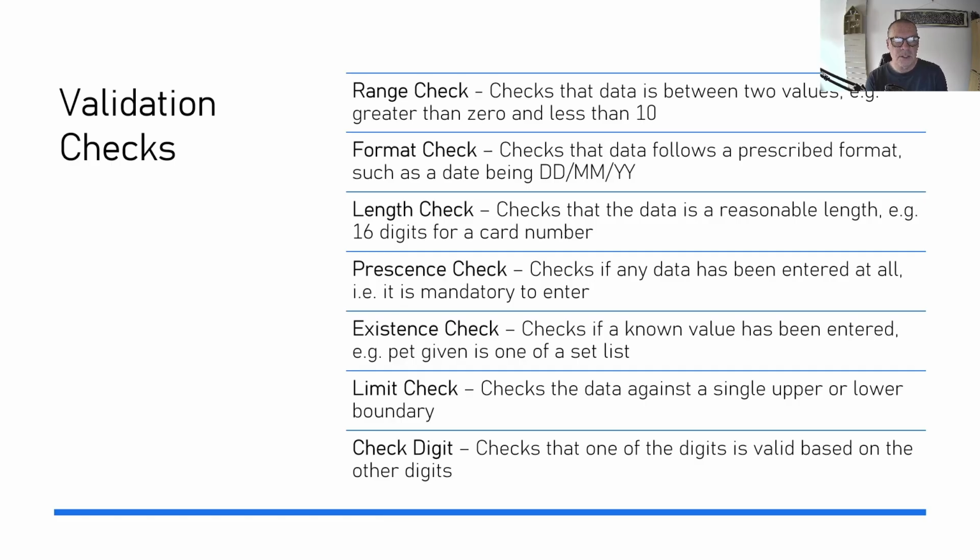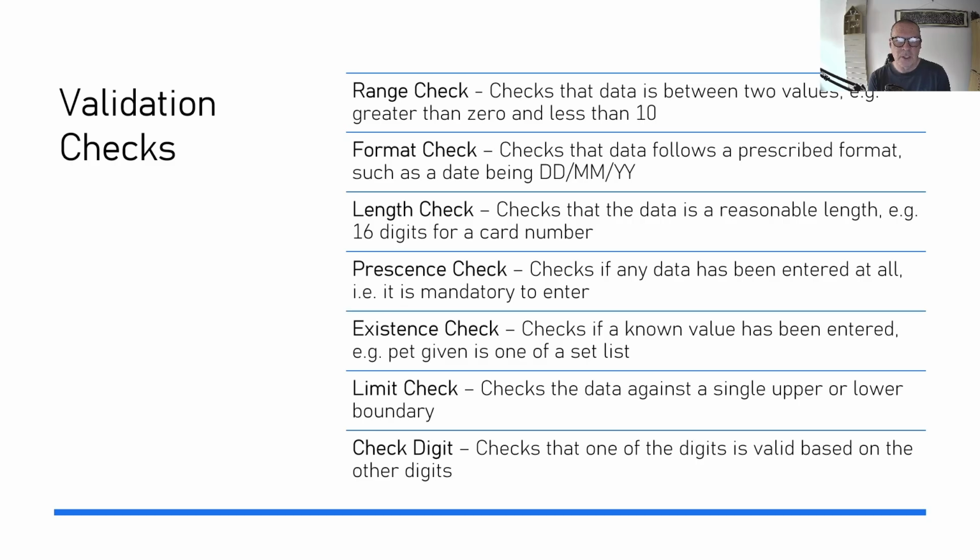And then check digit's a little bit different. Check digit checks that one of the digits entered is valid by looking at all the other digits. So for example, on a credit card number, the last digit is a check digit, and that digit is not a sequential number. You don't just get the next credit card number that's available. What they do is they look at the other 15 digits in a 16-digit card number and work out what that last digit should be based on that.